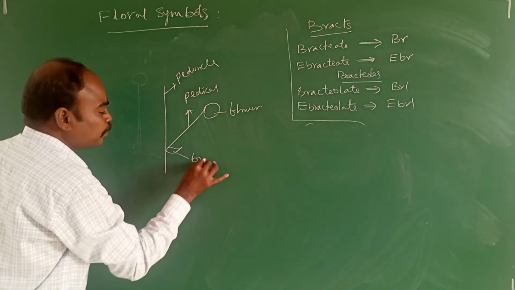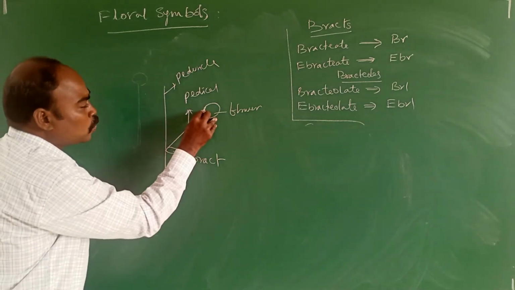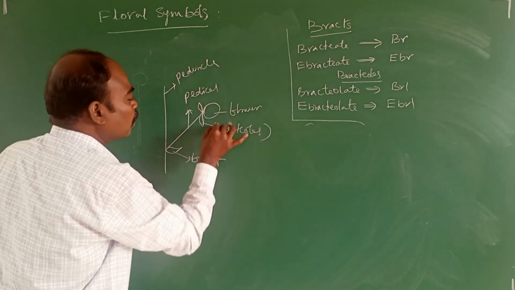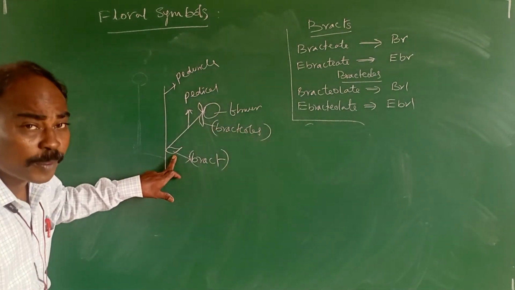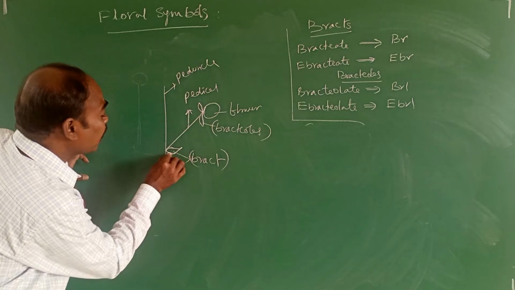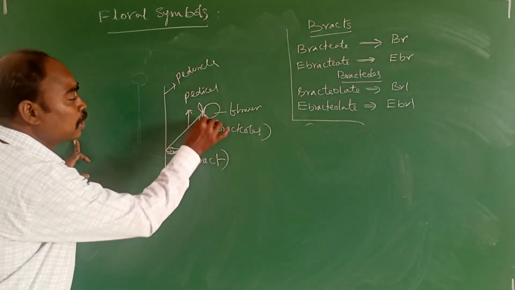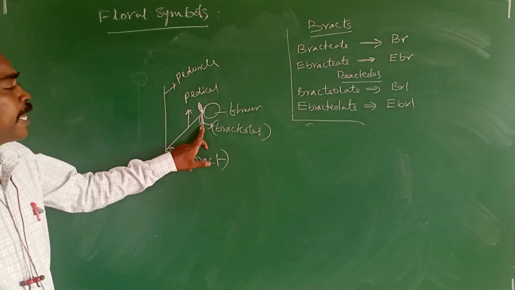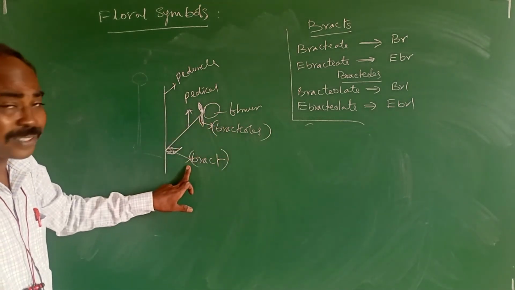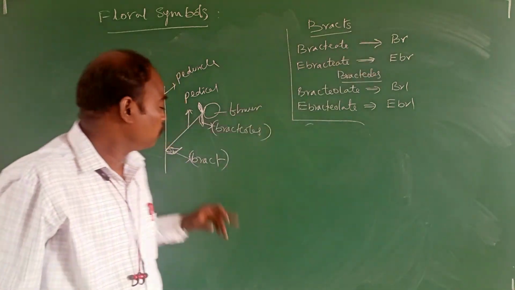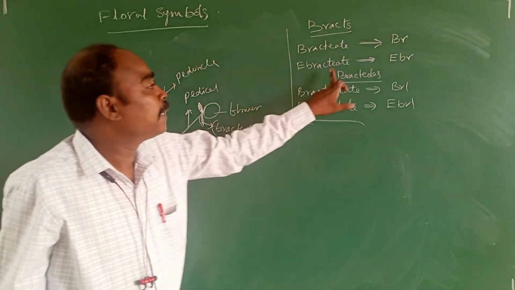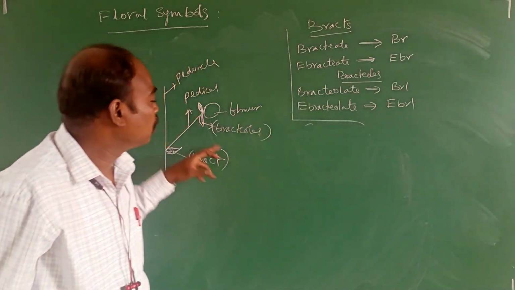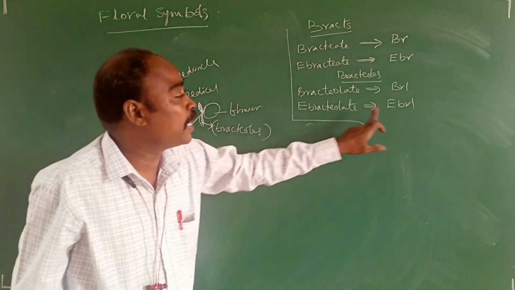This one is the peduncle. This is the bract. Suppose the bracteoles are found here. At the base of the pedicel, a small leaf-like structure is there. This is called the bract. At the base of the flower, a small leaf-like structure is called the bracteole. If bracteoles are present, bracteolate, BRL. If the bracteoles are absent, ebracteolate, EBRL.